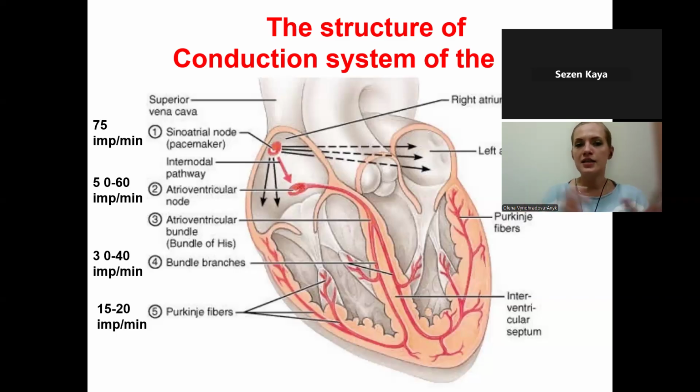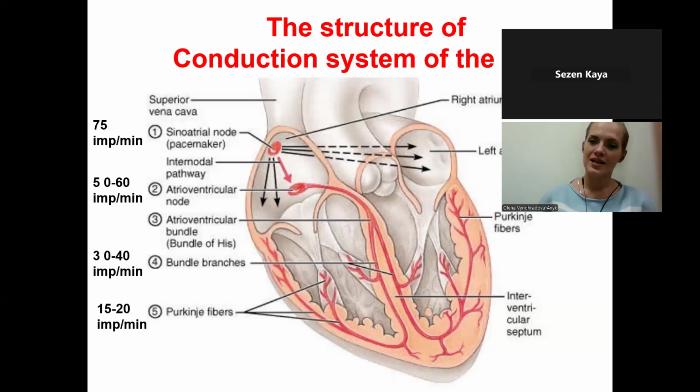But if the first node stops working, if the primary pacemaker stops working, which happens sometimes, for example with age, in old people, or people with some diseases, the second node begins working, but the second node is not able to produce the same quantity of impulses per minute.